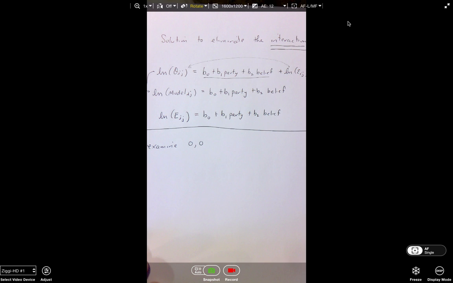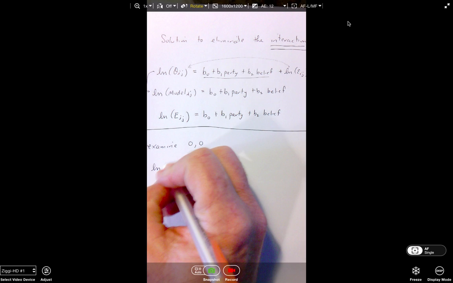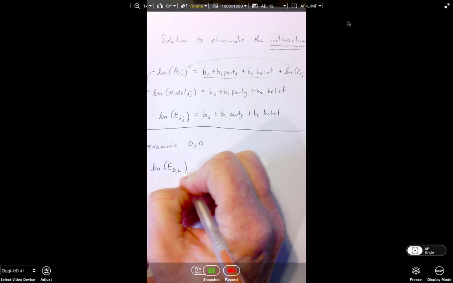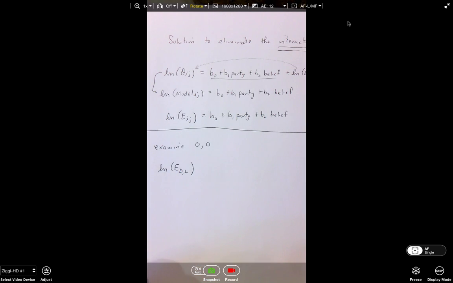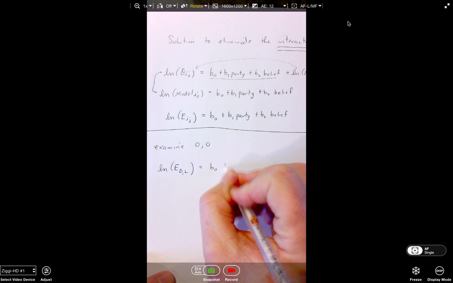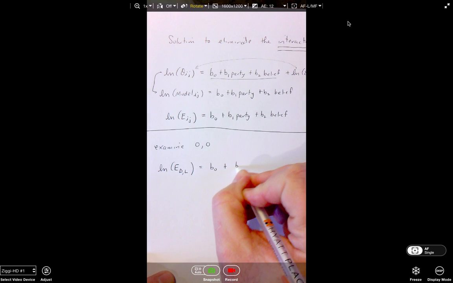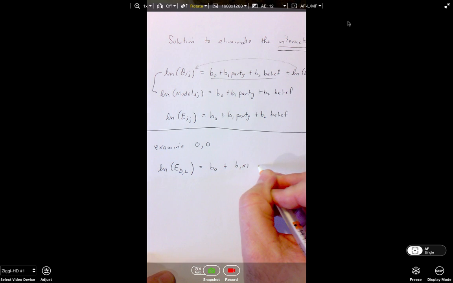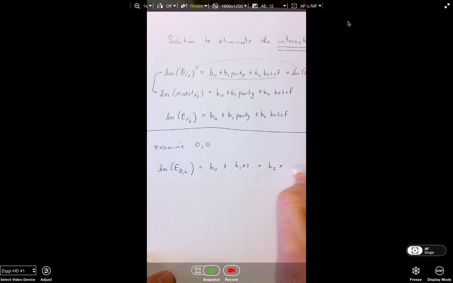So guys, the first thing I'd want to do here is examine 0, 0. And again, 0, 0 is when we have a Democrat who is pro-life. So I'm going to take the natural log of the expected value of a Democrat who is pro-life equals beta 0 plus beta 1 times 0 plus beta 2 times 0. Guys, listen to what I intend to say, not what I say.